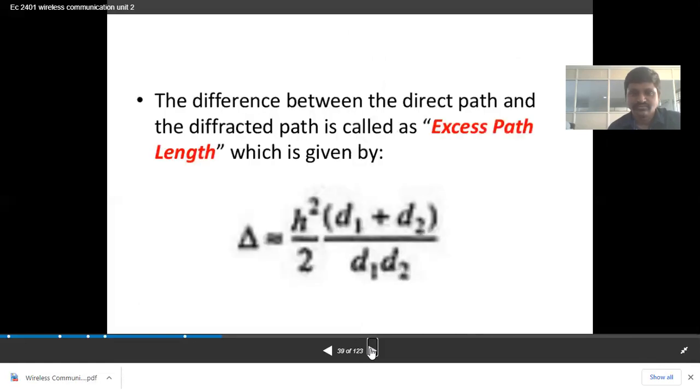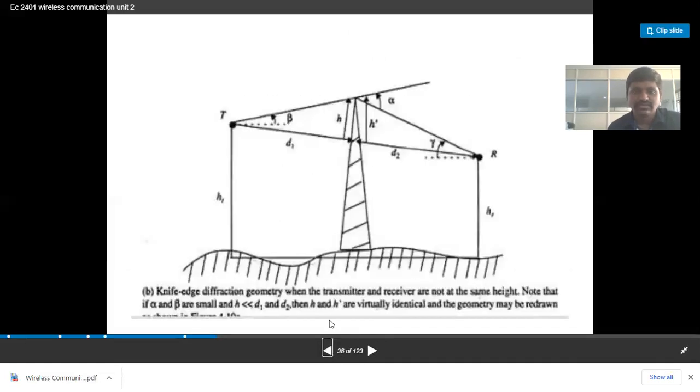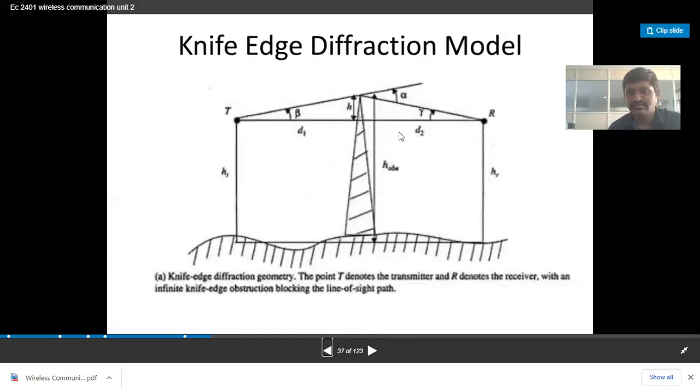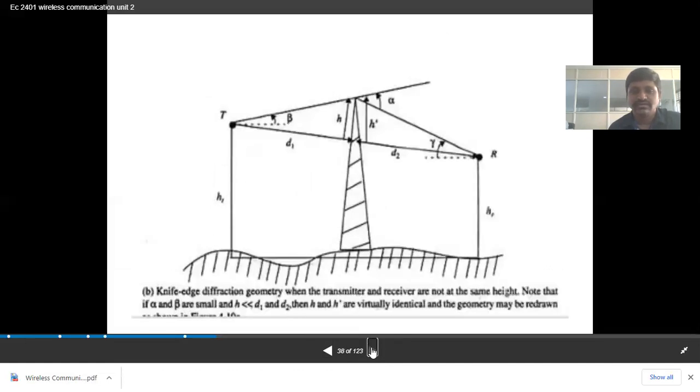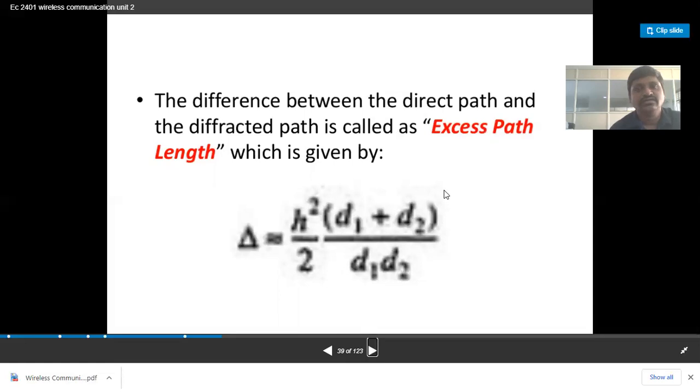Then your actual transmission distance is varied. That is known as delta. This is the difference between the direct path and the deviated or diffracted path, and this is known as the excess path length.